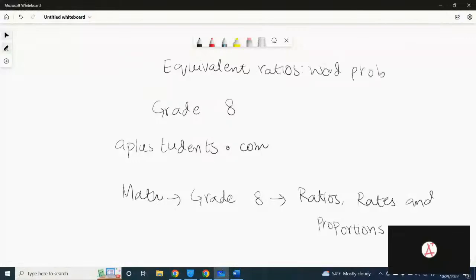Please make sure you have your notebook and pencil so that you can note down the important points and definitions as well. Got it? Let's start with the topic equivalent ratios word problems.